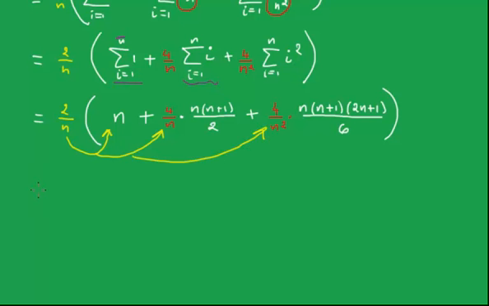So this will become what? This becomes 2n over n for the first one. And for the second expression, what do we have?